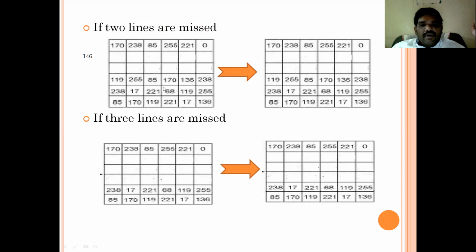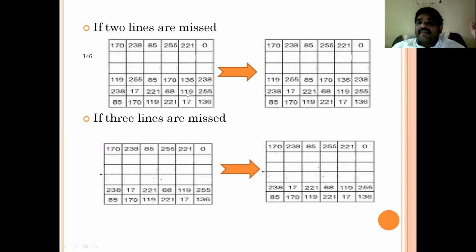See here, 170, 68, like this, 3 into 3. Then we add 170 plus 136 plus 238 plus 68 plus 119 plus 255 plus 221 plus 17 plus 136. The answer divided by 9 replaces the value of this 119.